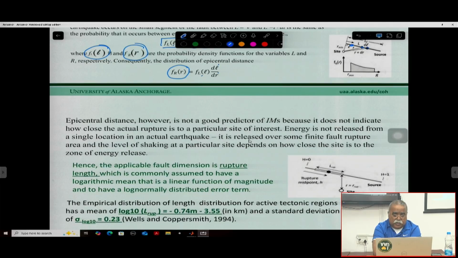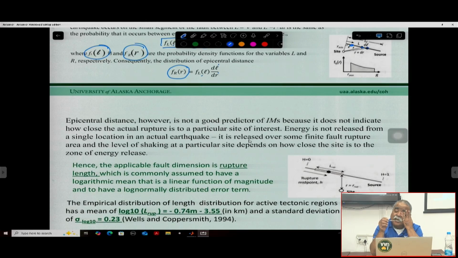We are much more interested in the rupture, that means how much fault area gets ruptured. That is very important. And then if we know that, we can find out the distance from the zone, either it is a site or the point site or any point, right?